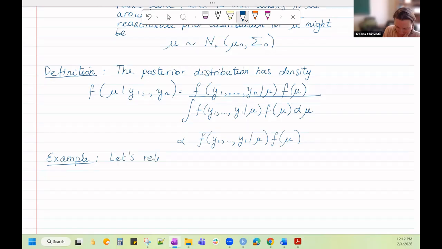Let's return to our example with unknown mu. And let's assume that the sigma matrix is known.